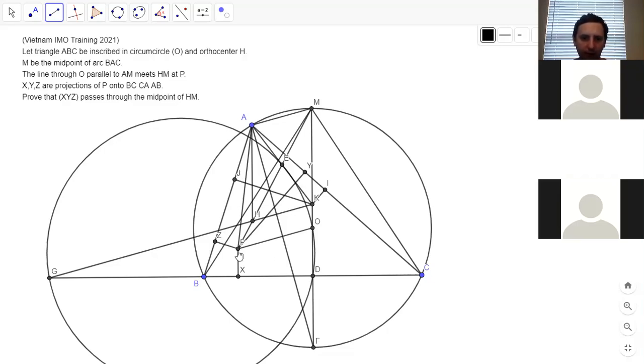So XP goes to infinity, XG goes to D. Oh, that's just the same as, yeah. You can define P as the isogonal conjugate of K, and then prove that PO is parallel to AM. That's an interesting idea. Because we haven't really used that fact.